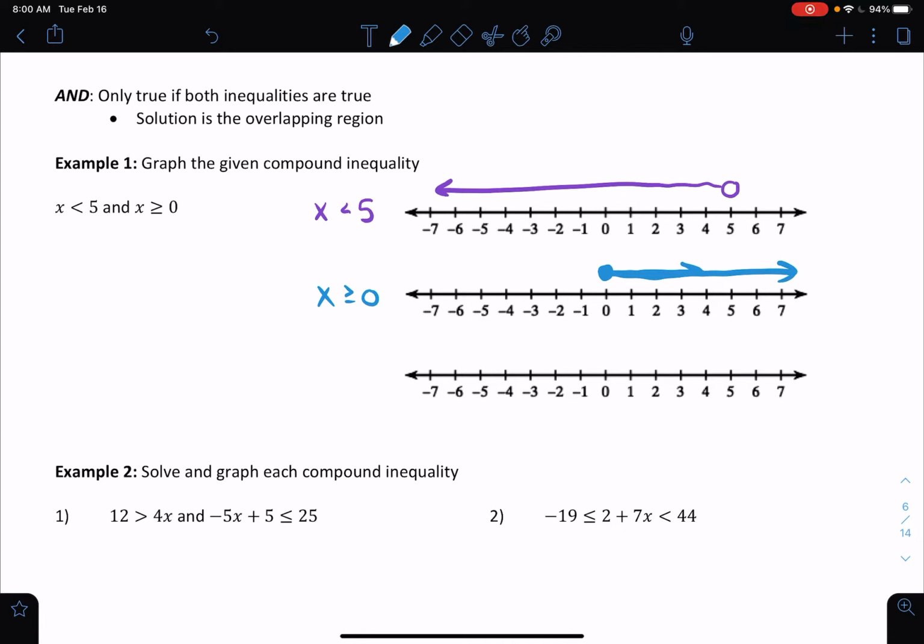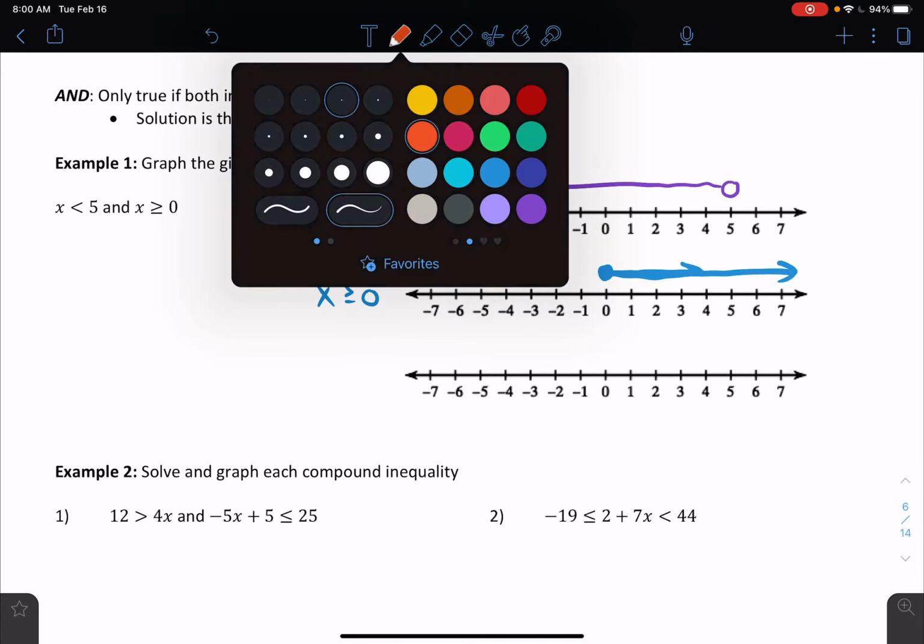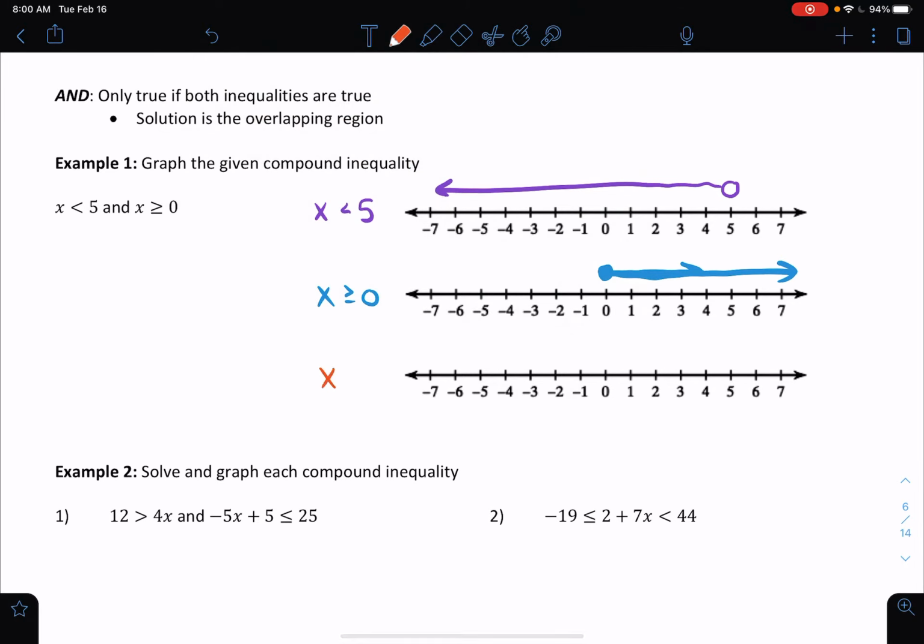So if you have a situation like x is less than 5 and x is greater than or equal to 0, sometimes you may see it written like this. Basically this inequality is these two inequalities sandwiched together, and I'm only going to highlight this shaded region.